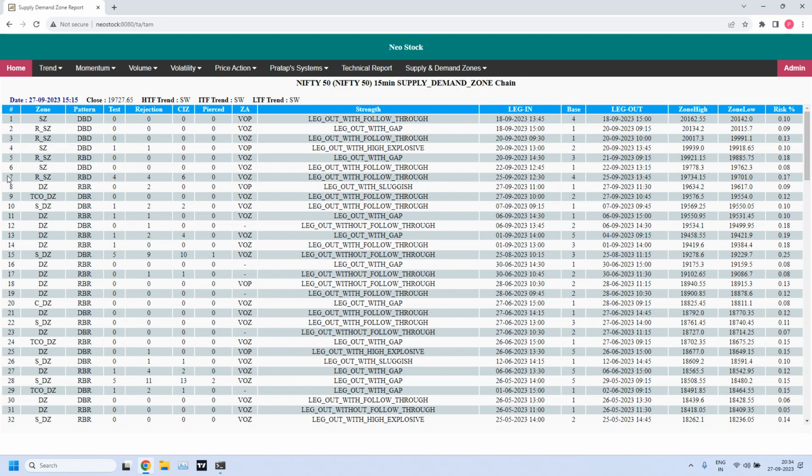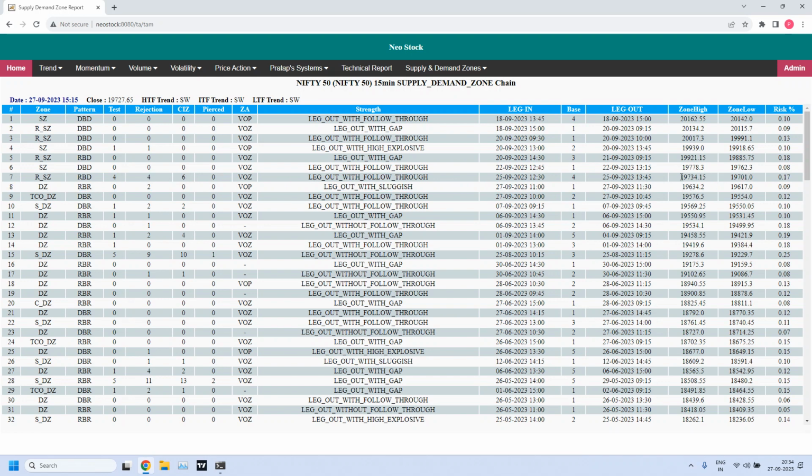So we have these supply zones. This is the immediate supply zone. See, this is tested 4 times. This is high liquidity, 15-minute supply zone. And this is the one actually pushing the price down.